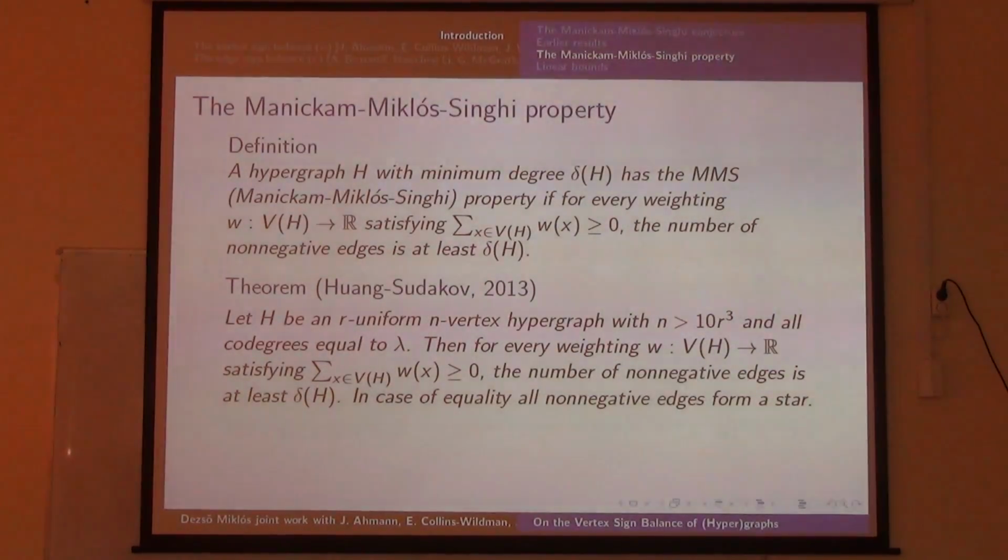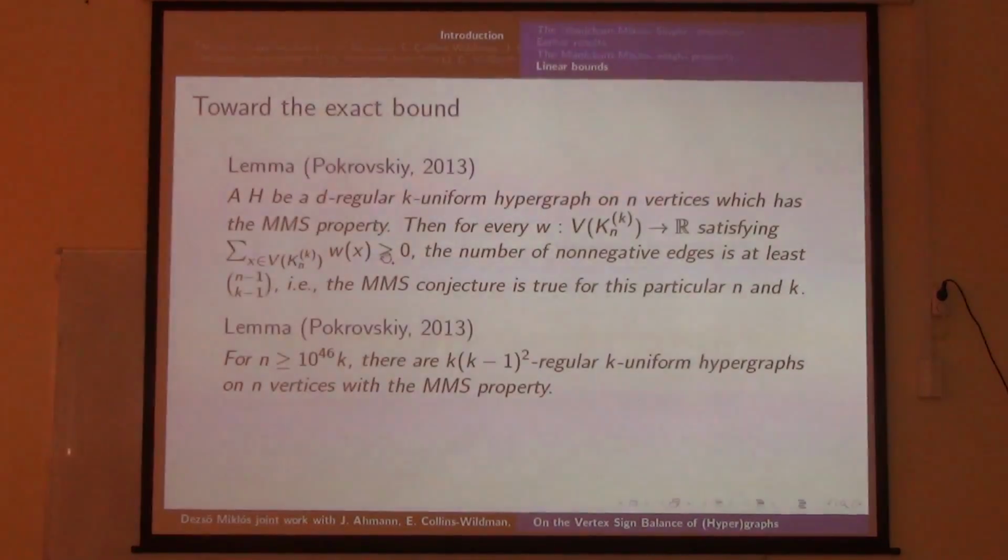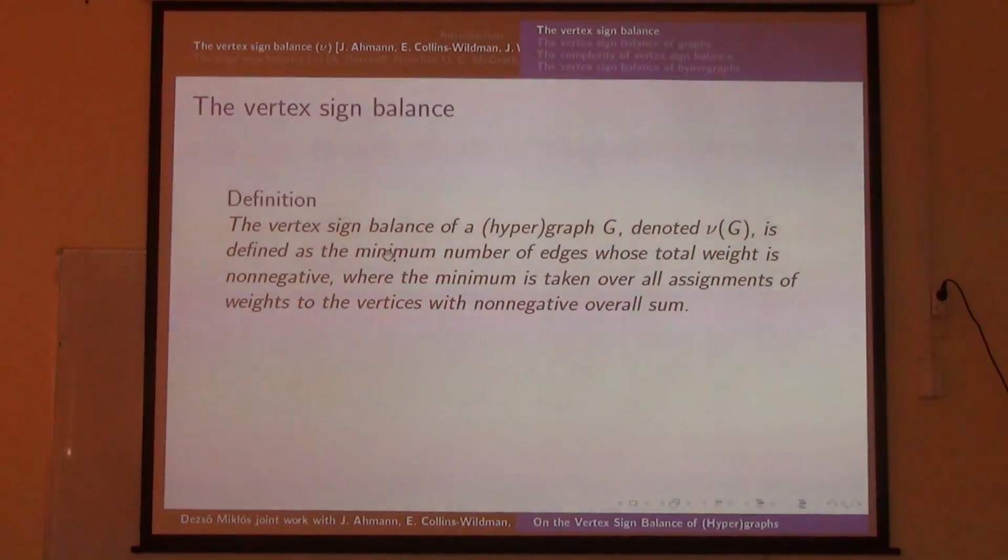The property only considers the case when this minimum number is at least that of h, but then it's just, as I said, one step to introduce this parameter. In the first part of the talk I will use only graphs, but clearly the same question or the same definition can be introduced for hypergraphs.